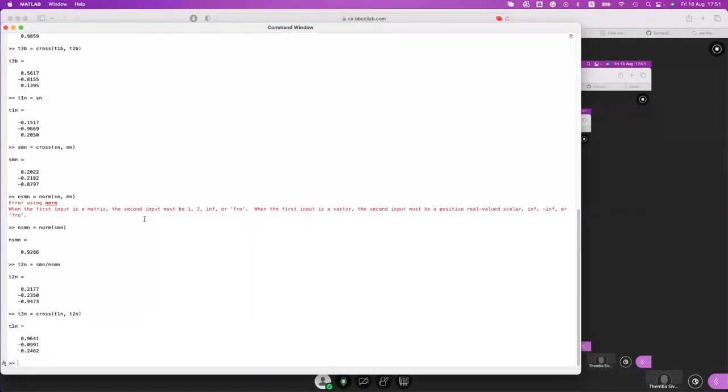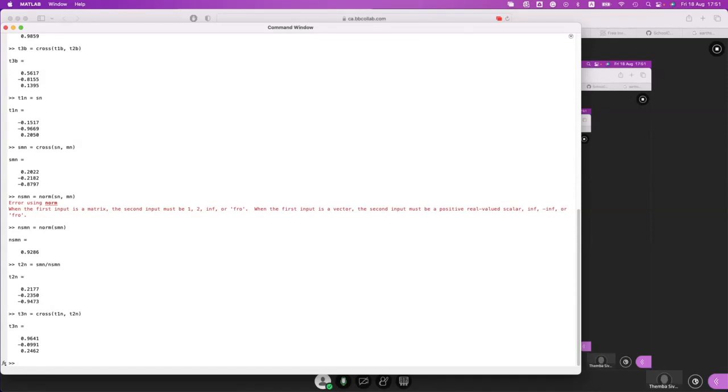All right. So suppose this is your exam or a test, and I have asked a similar question: using the triad algorithm, construct components of vectors T1, T2, T3 in both the body and inertial frames. Now you see we have been able to obtain for the body T1b, T2b, T3b.